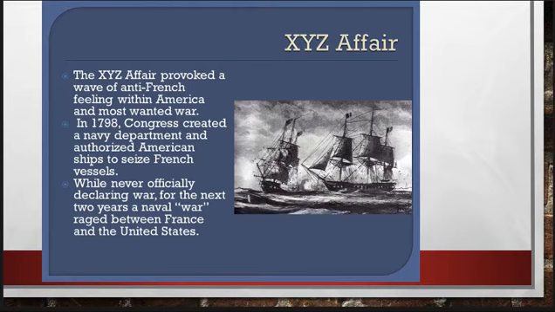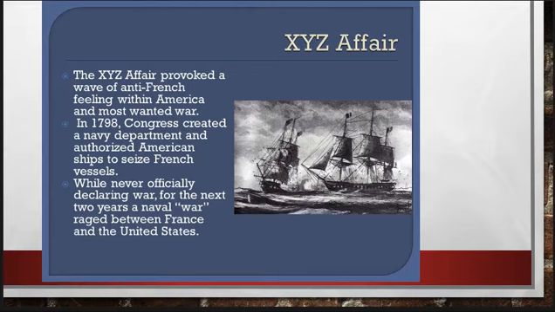And they hoped to meet with the French Foreign Minister, Talleyrand. His name's Charles Maurice de Talleyrand. Okay? So that's how you would spell it. So they hoped to meet with Talleyrand.